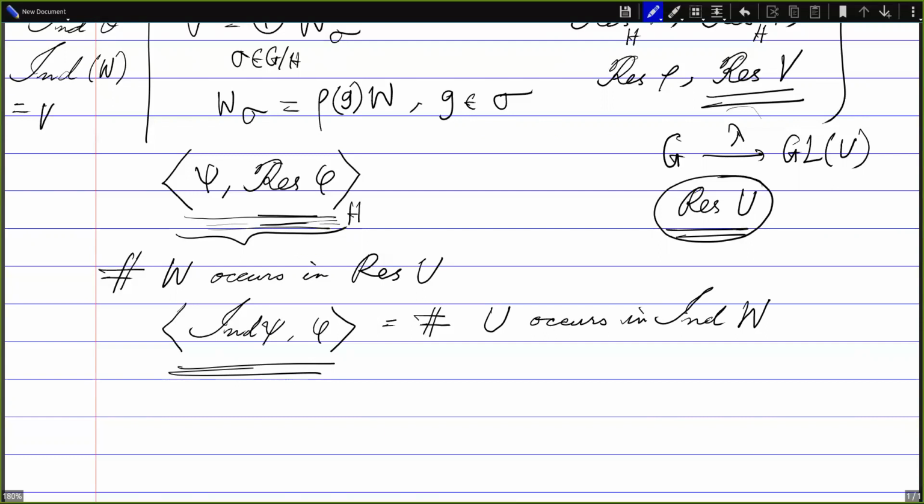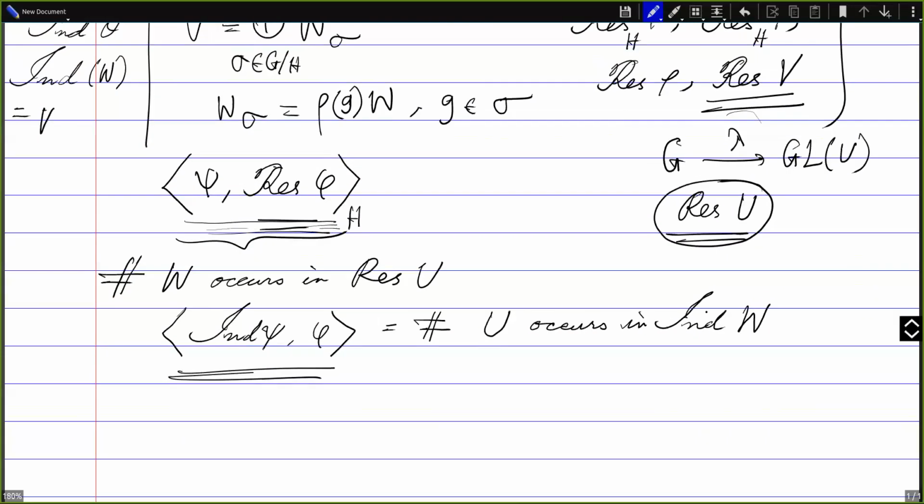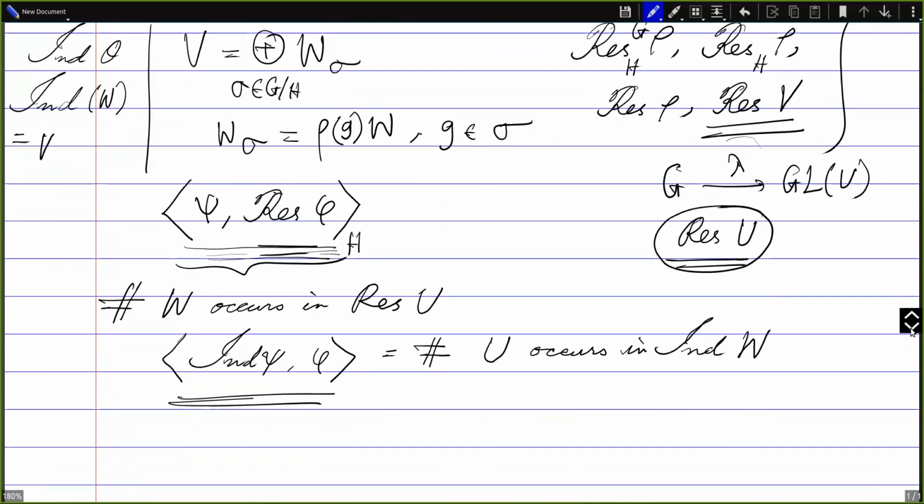So Frobenius reciprocity shows that the number of times W occurs in the restriction of U is the same as the number of times U occurs in the representation obtained by induction from W. Okay. So this is what the corollary is.